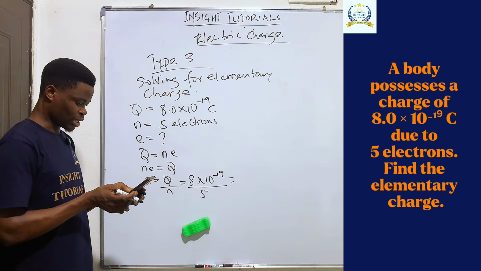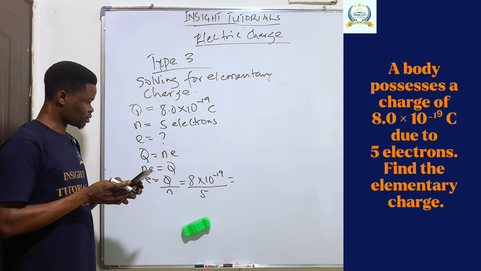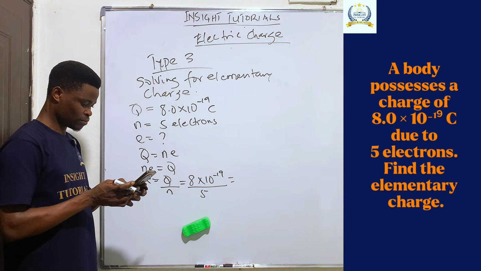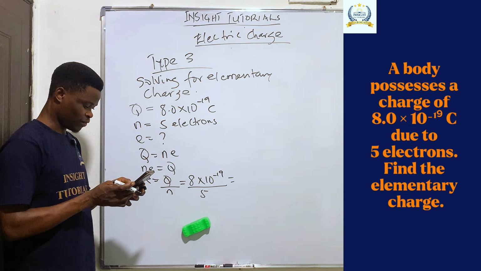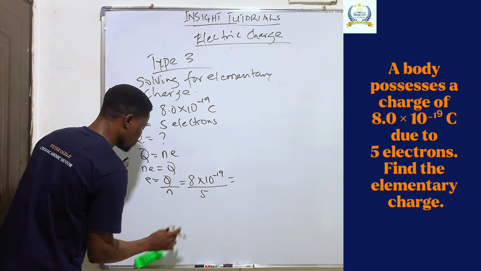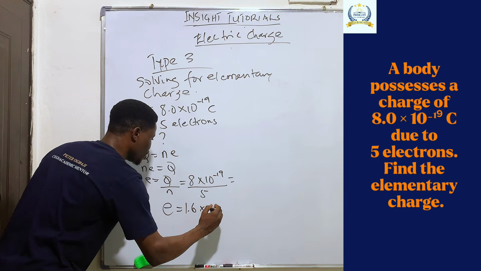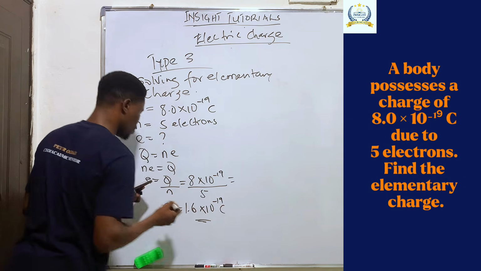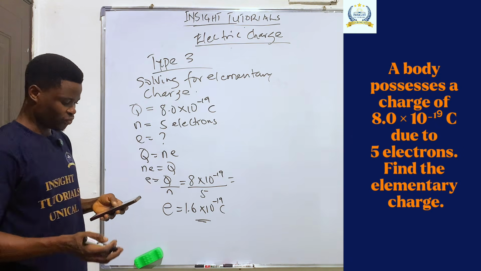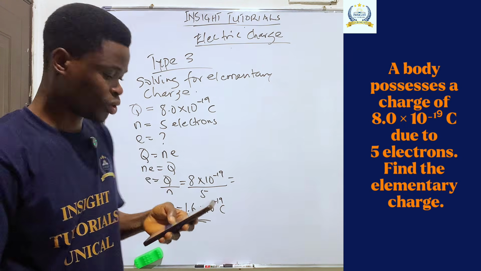I'm going to type that in my calculator. 8 times 10 raised to the power of minus 19 all over 5. So it happens that my elementary charge is 1.6 times 10 to the power of minus 19 coulomb. So that is very, very important for you to note.